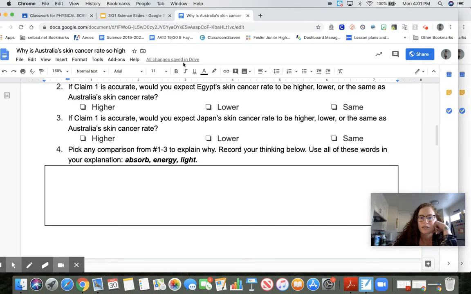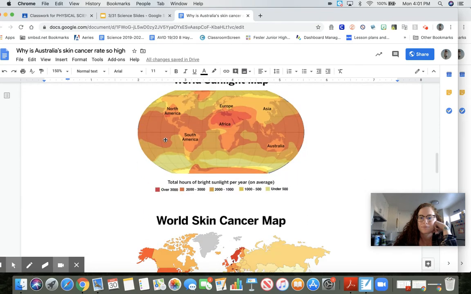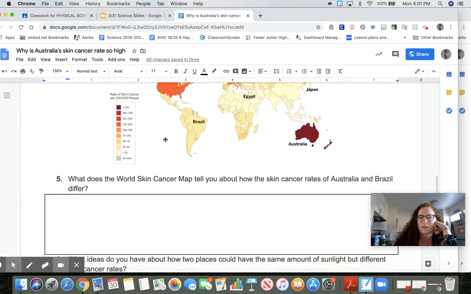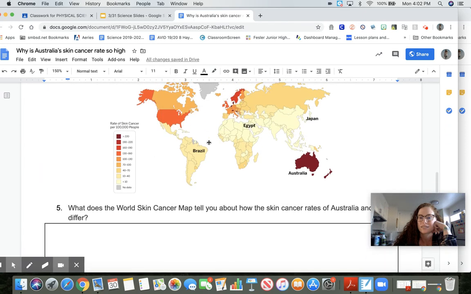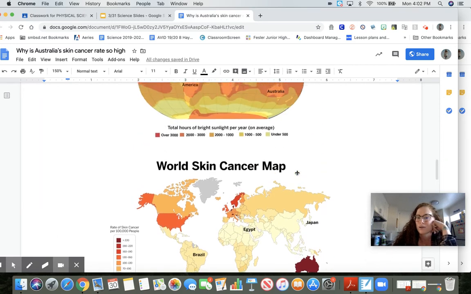On our documents, what does the World Skin Cancer Map tell you about how skin cancer rates of Australia and Brazil are different? What can you tell about Australia compared to Brazil on this map? You might also want to bring back what we noticed here.